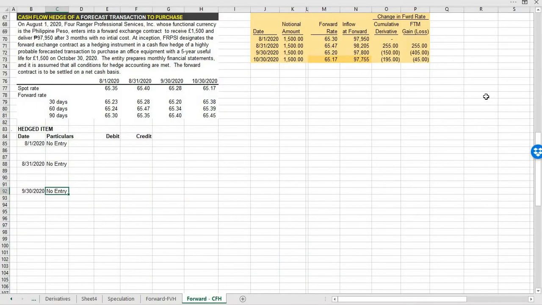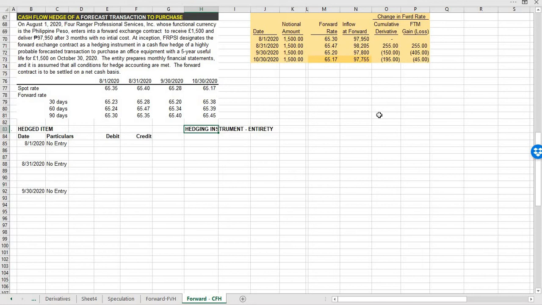Ngayon, for the hedging instrument, ang unahin natin is if ang ating forward contract is designated in its entirety as the hedging instrument. Ibig sabihin, hindi pa natin isa-separate yung spot element from the forward element. Ibig sabihin, ang forward element is included in the hedging relationship.